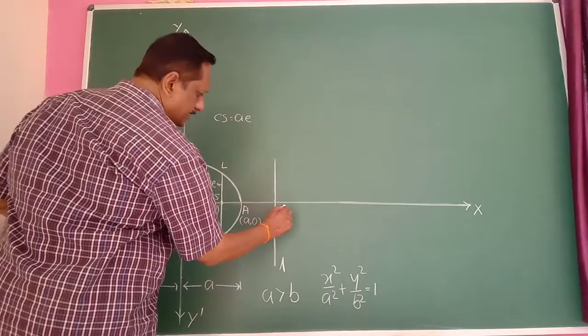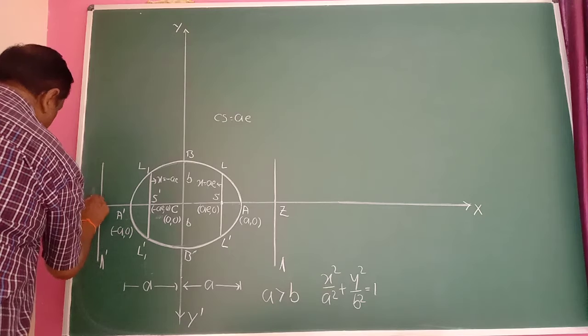Next, take this point as Z and this one as Z dash.